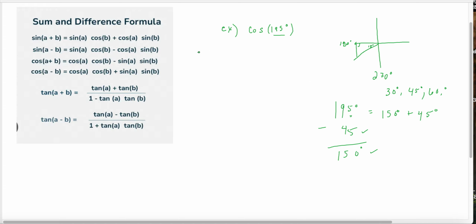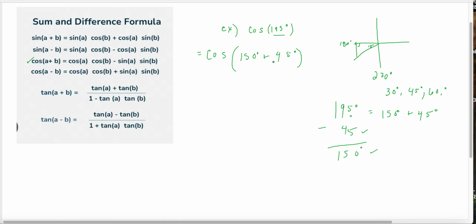So we're going to think of this as cosine of 150 plus 45. And since we're adding, we're going to apply this identity.